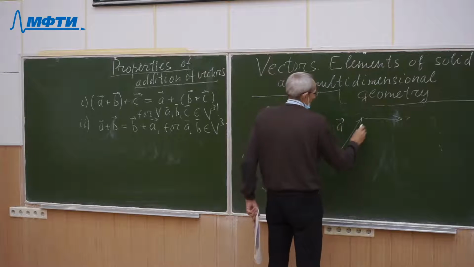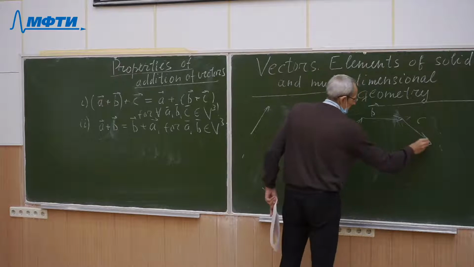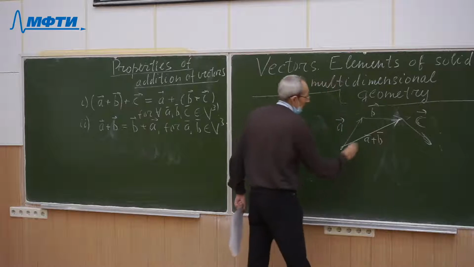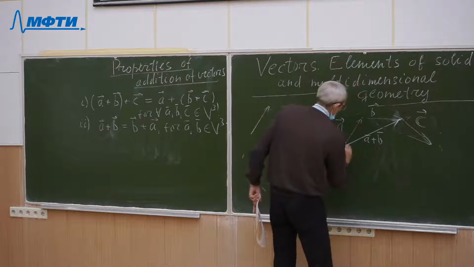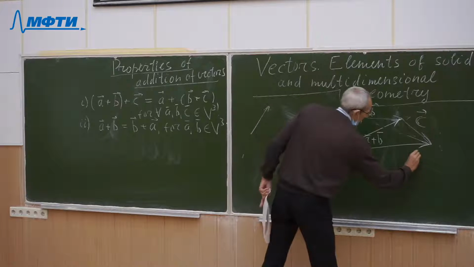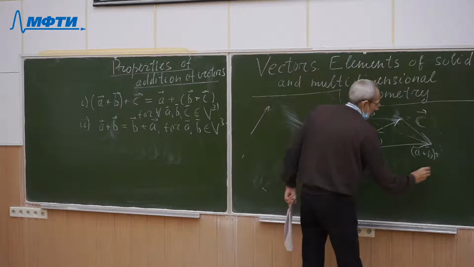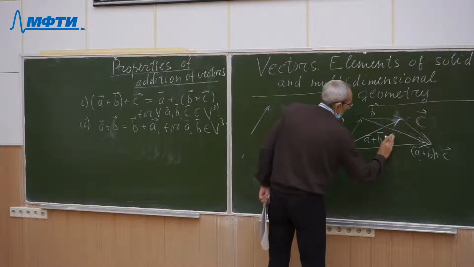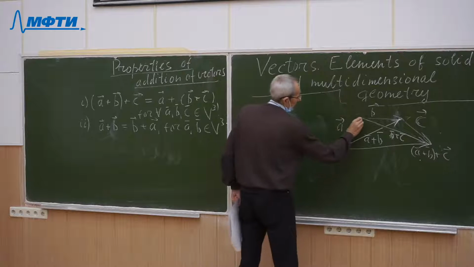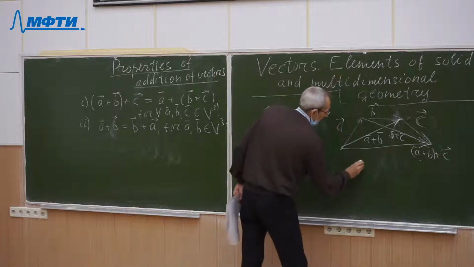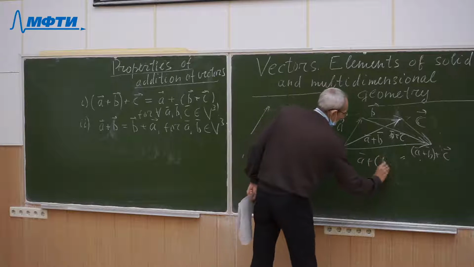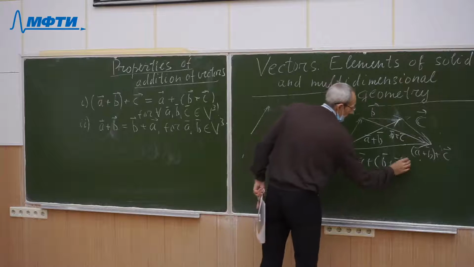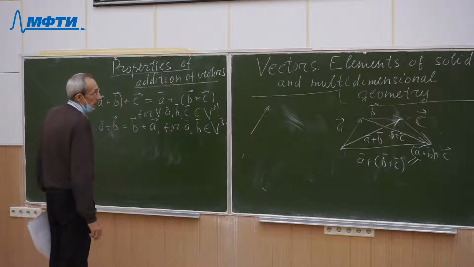Let's consider A, B, and C, and this vector is the sum of A and B. And this vector is the sum A plus B and C. And this vector is the sum B plus C. And A plus this sum B plus C is also equal to the sum A plus B, plus C. And we have this equality.